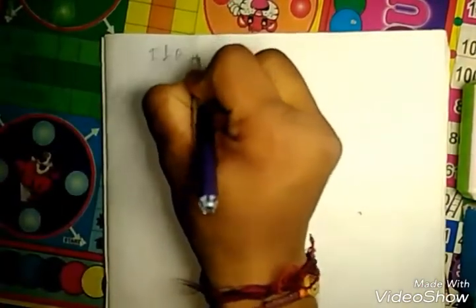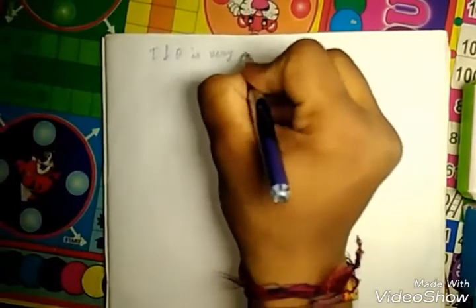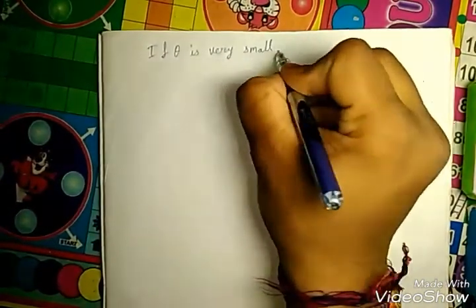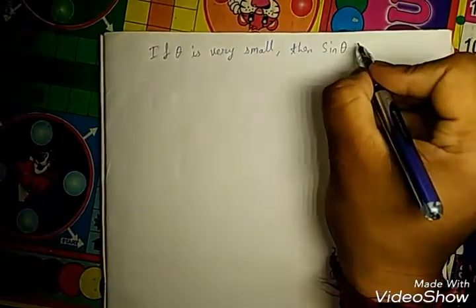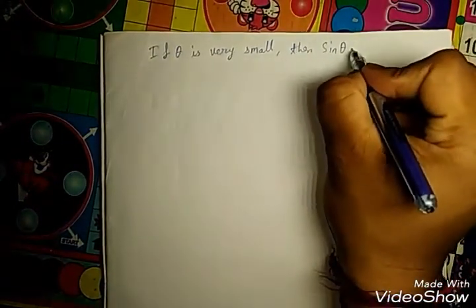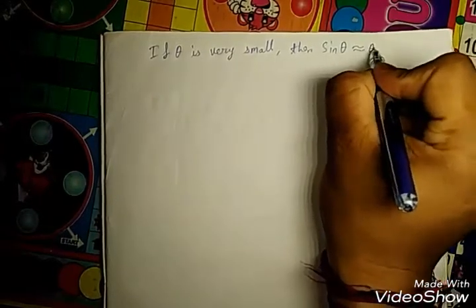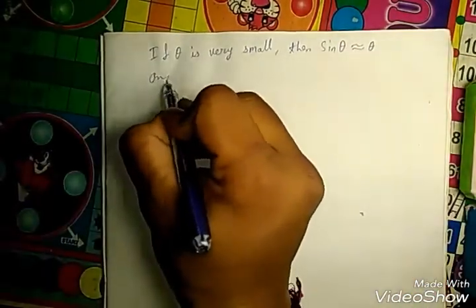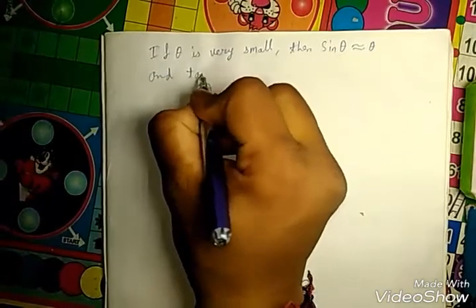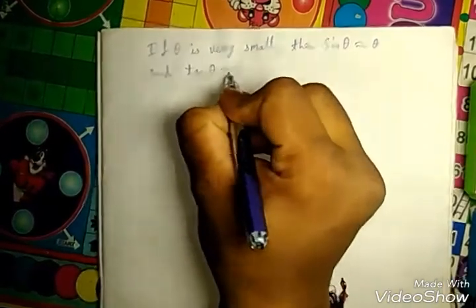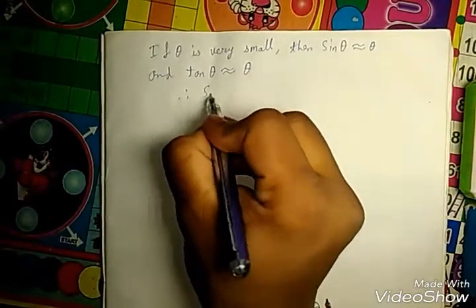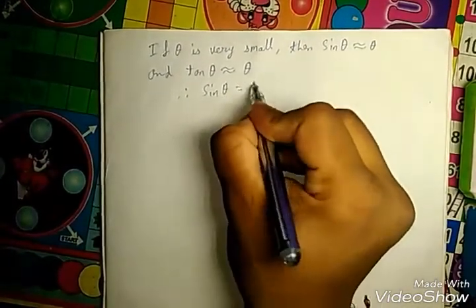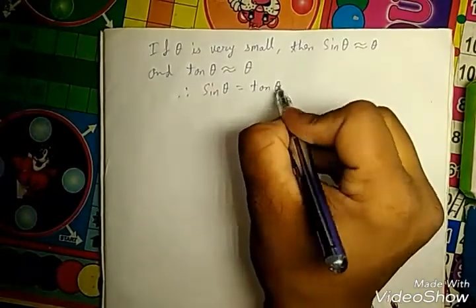Now if theta is very small, then sin theta is approximately theta and tan theta is also approximately theta. Therefore we get sin theta is equal to tan theta.